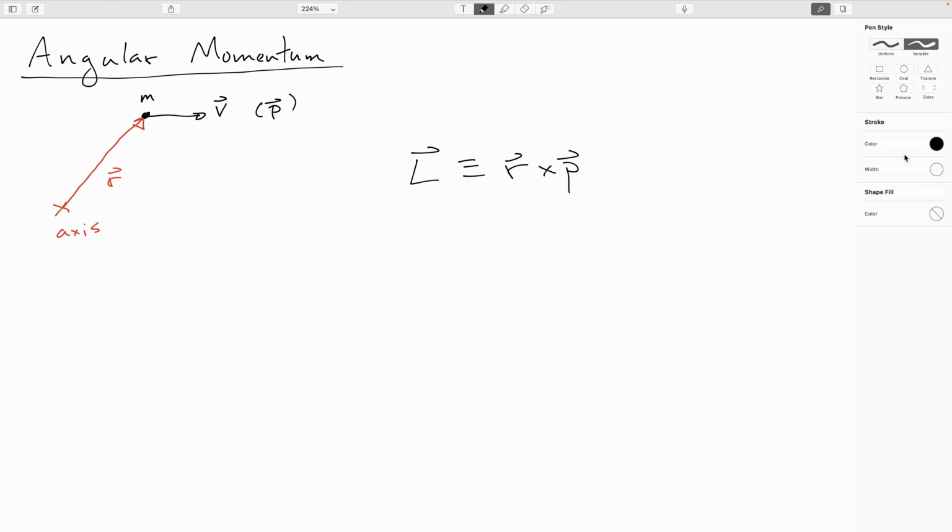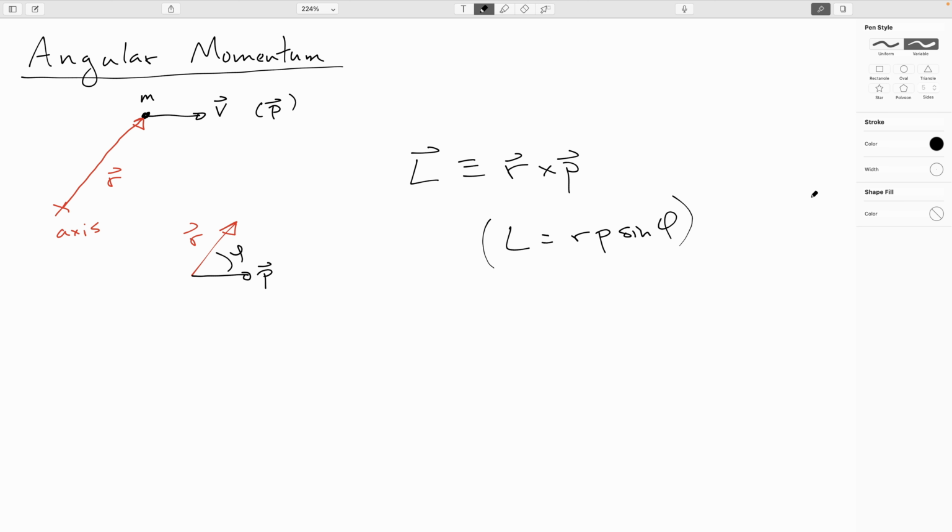In this particular example, to take the cross product, I usually recommend redrawing these vectors so they're sitting tail to tail. r like that, and our linear momentum is pointing like that. And if we want, this is our angle phi, so we can get the magnitude by saying that it's r p sine phi.